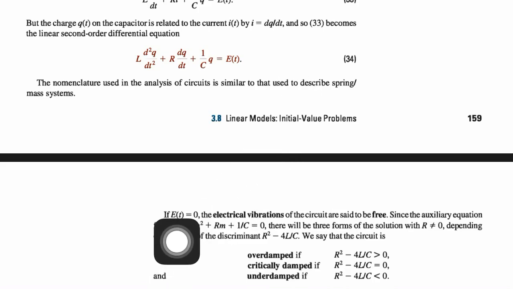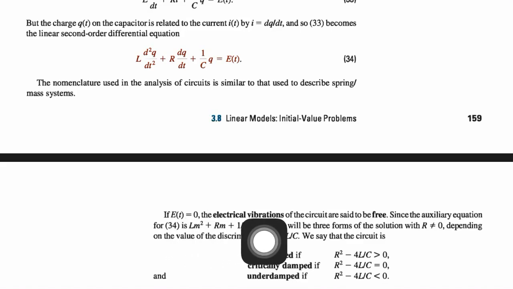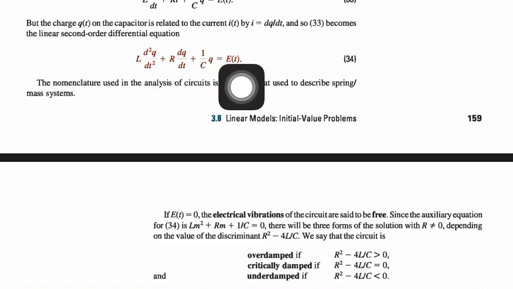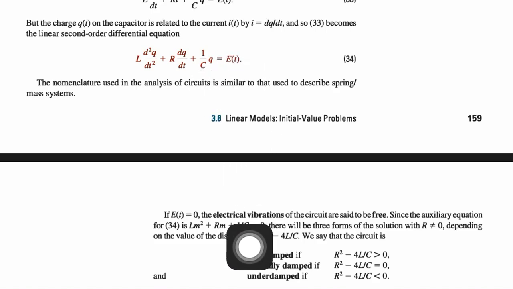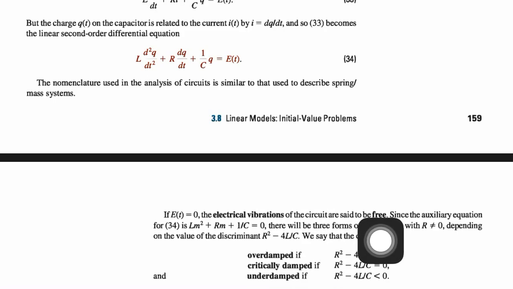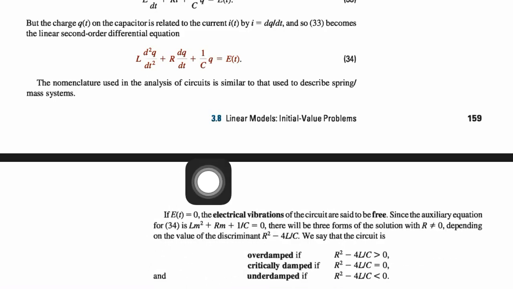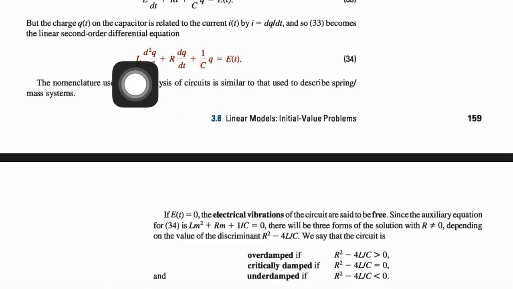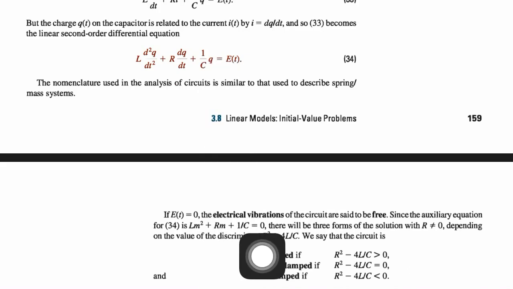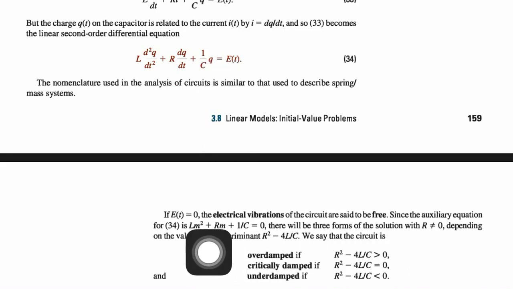If E of t is equal to 0, the electrical vibrations of the circuit are said to be free. The auxiliary equation for this is L m square plus R m plus 1 over C equals 0.